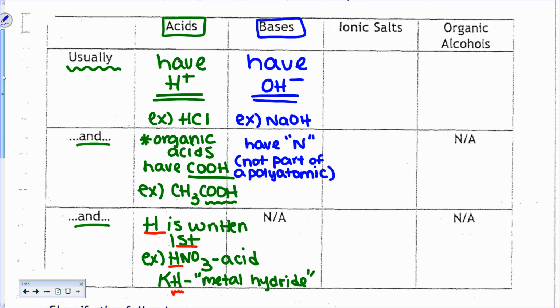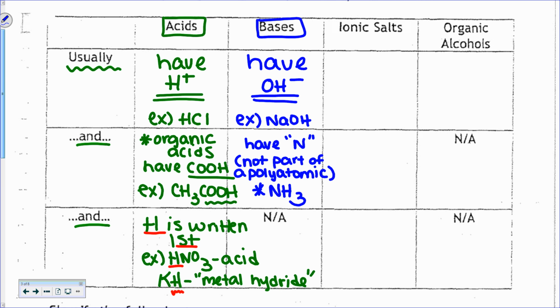So like I gave you the example for my acid of HNO3. It had an N in it, but that's part of a polyatomic. I'm talking about things like NH3. That is a base. I can find that on table L, and that looks a little funny, but it has an N that's not part of a polyatomic. That is a base.